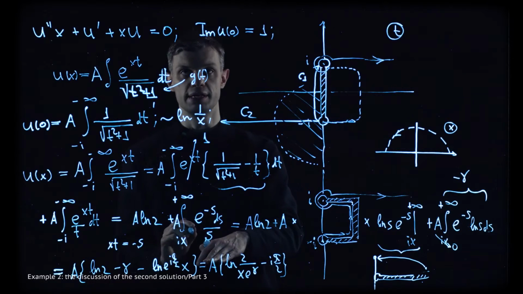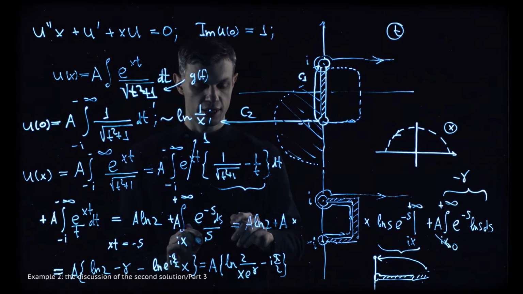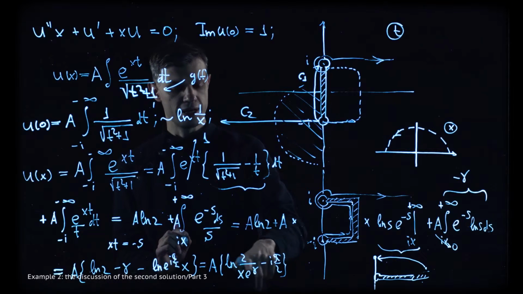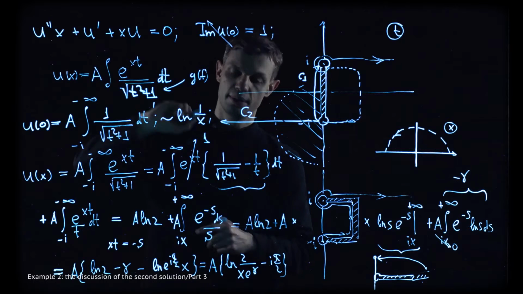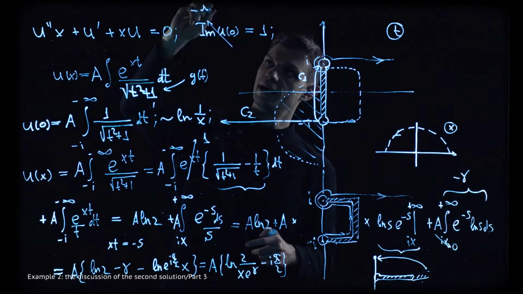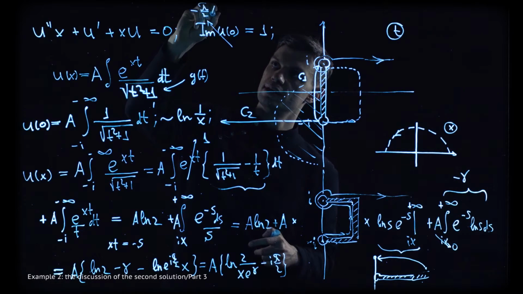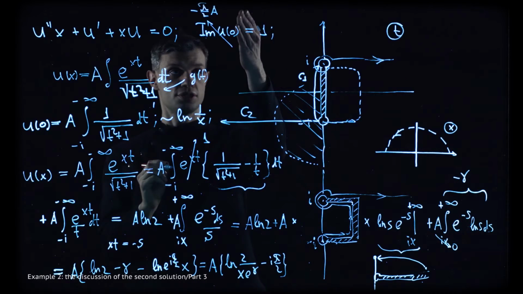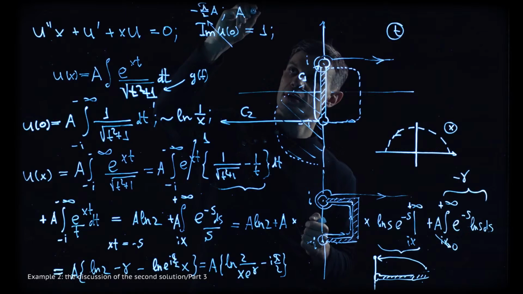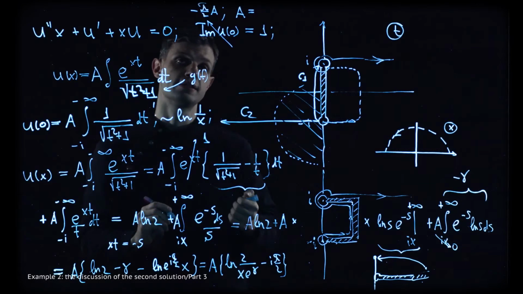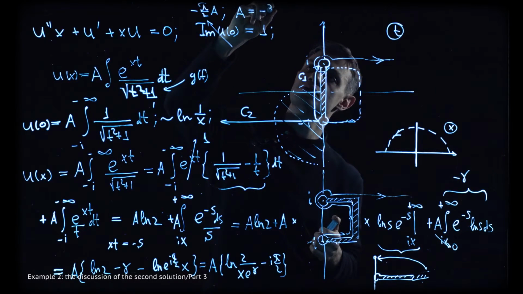So the imaginary part of our u function now, as you see, is minus pi by 2 times a. And this should be equal to 1. So now we extract the correct value of our integration constant. It's minus 2 over pi.